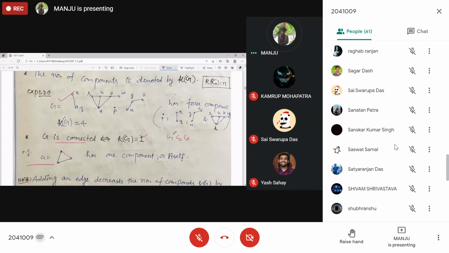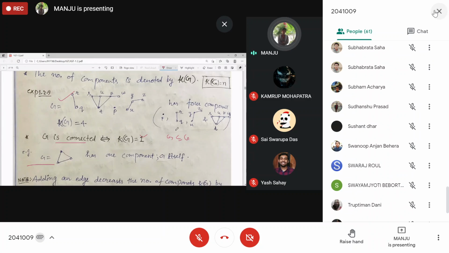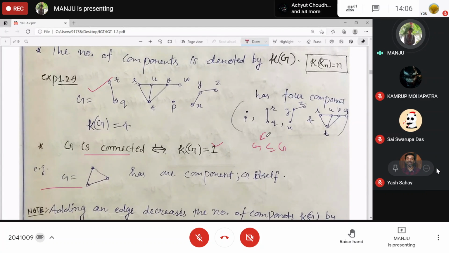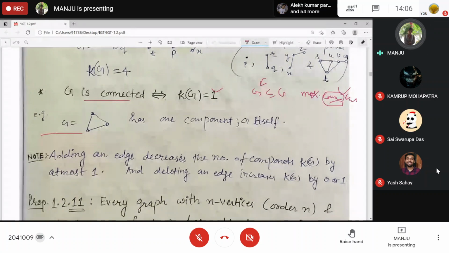So that maximal has to be G itself. We know that a component is a maximal connected subgraph, and connectedness we are saying from here.